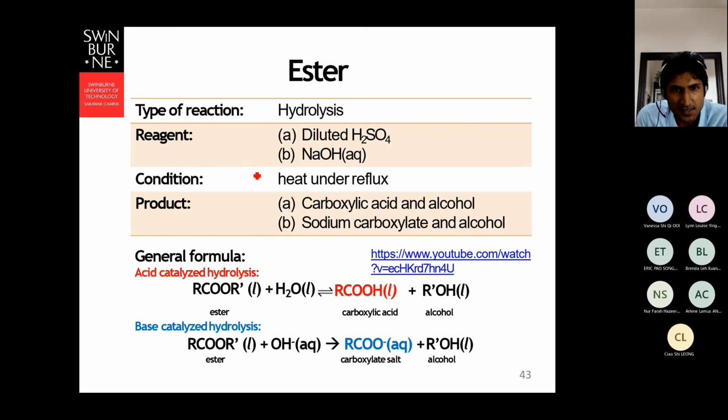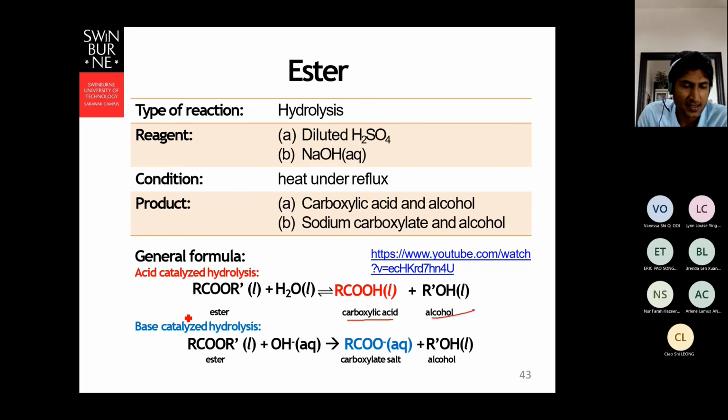So some of the reactions of the esters. It has been produced by the condensation, right? The water goes away from it and the ester is produced. So it will also become dissociated in the presence of water and produce a carboxylic acid and alcohol.